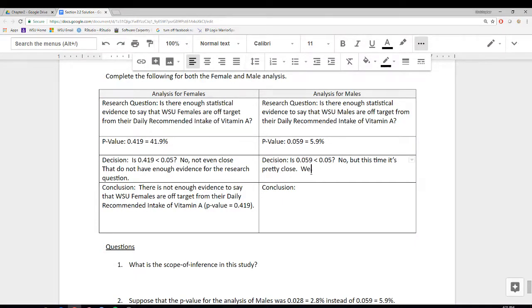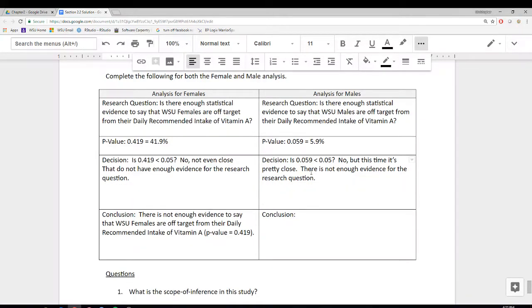So there is not enough evidence for the research question. Again, if you allow me to take off my statistician hat for a minute, it is close though. So the p-value is real close to 0.05.